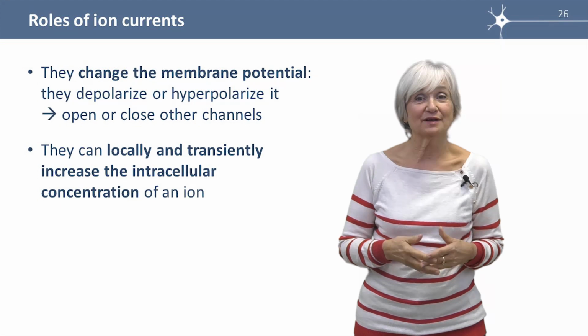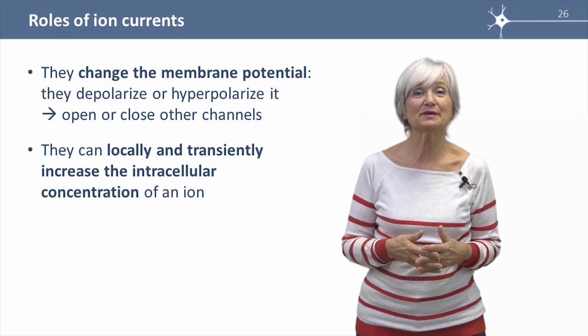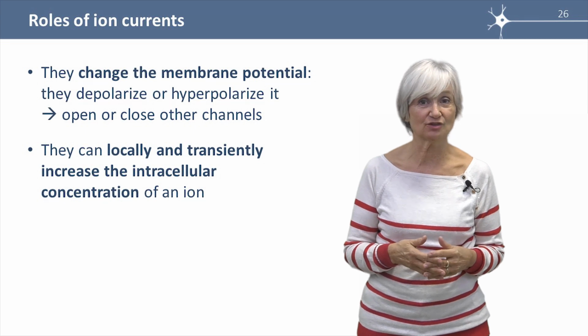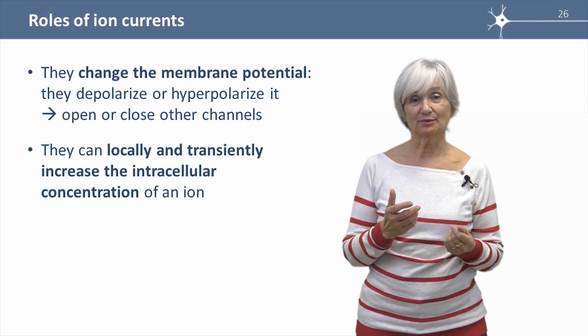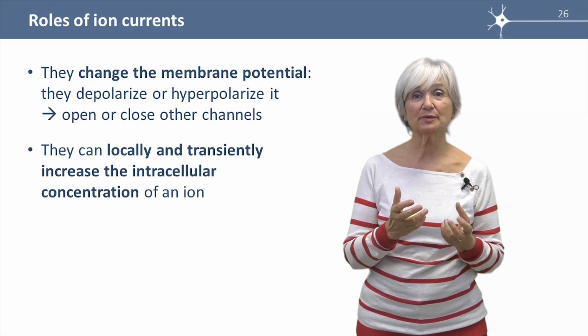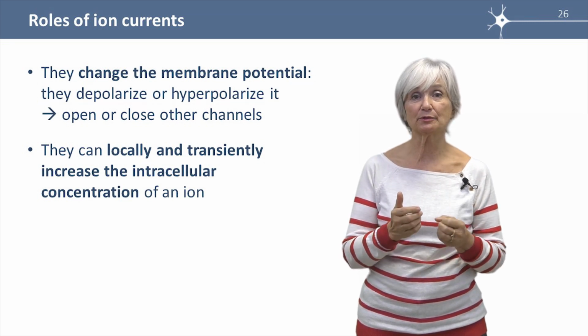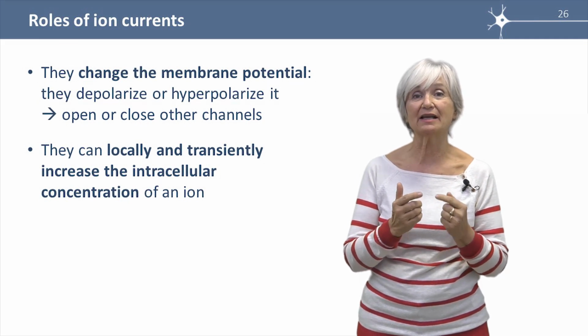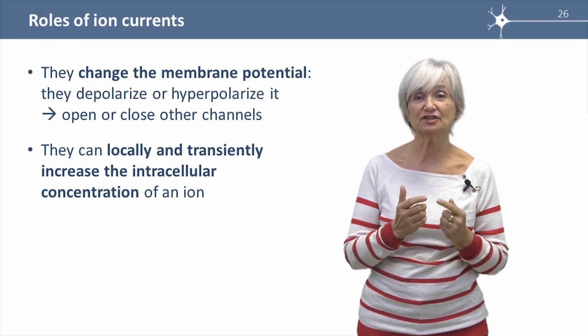What is the role of ion currents? The primary function of ion currents is to change membrane potential. For example, if potassium ions exit the neuron, the membrane potential will become hyperpolarized because the inner side of the membrane will lose ions that are positively charged.